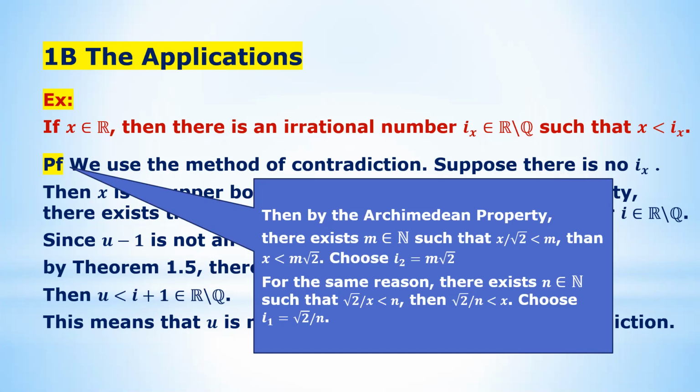Then you get square root 2 divided by n is less than x. So that's why you can choose I1 equal to square root 2 divided by n, that's it. Then, of course, square root 2 divided by n is an irrational number because 1 over n is rational. It's a fraction. Any nonzero rational times irrational gives you irrational. So that's how you get I1.